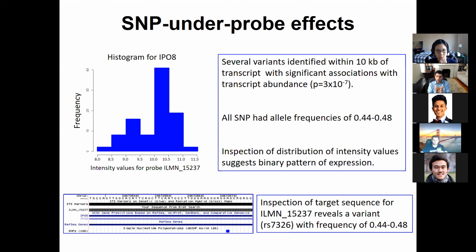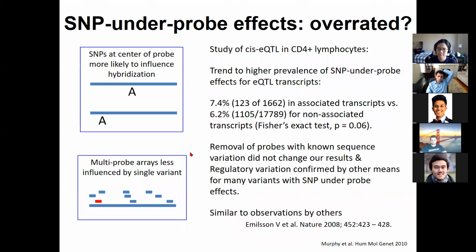You would have to measure the expression somewhere nearby without a SNP. So that's why the SNP under probe is something that you want to eliminate. So basically, if it's at the center of the probe, it might very strongly influence hybridization. But if you have multiple probes together, then of course they're less influenced by a single variant.